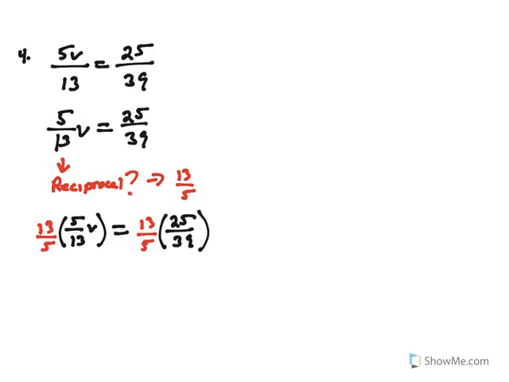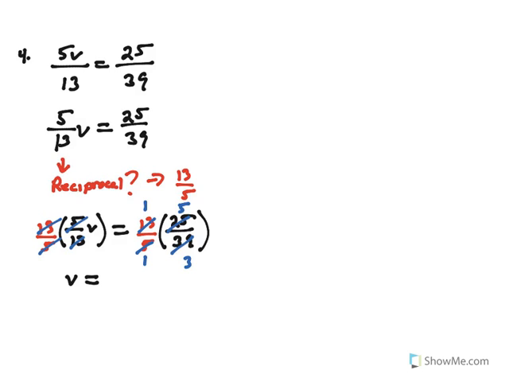So now on the left side, the 13's cancel, the 5's cancel, so you're just left with v equals. And then now, I highly recommend you cross-cancel the 5 and the 25. 5 goes into 5 once, 5 goes into 25 5 times. Then 13 goes into 13 once. 39 divided by 13 is actually 3 times.